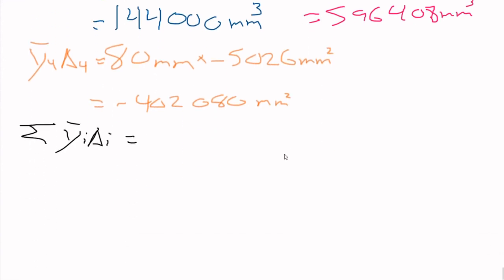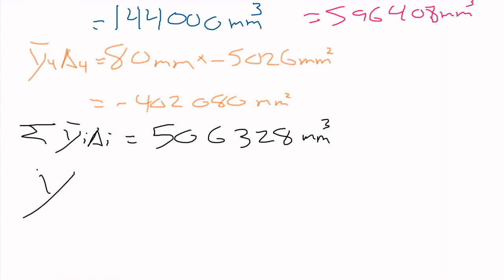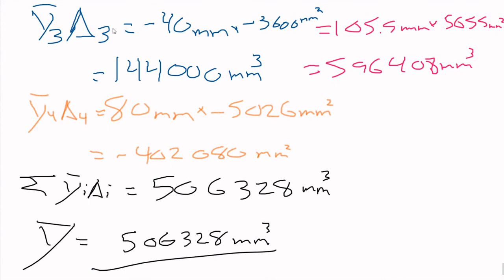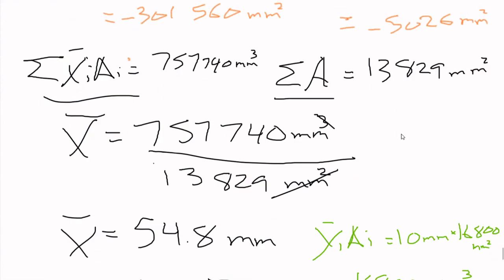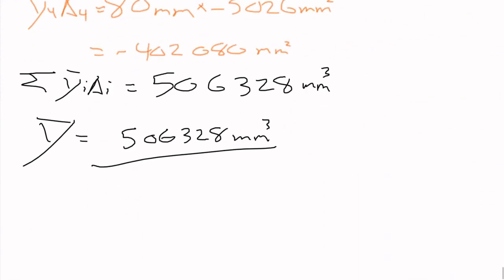So that ends up giving us a grand total there of 506,328 millimeters cubed. And then if we want to find our y bar overall, that's just going to be that divided by our total area, 13,829 millimeters squared.